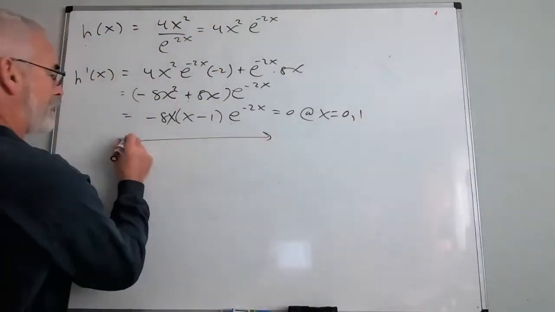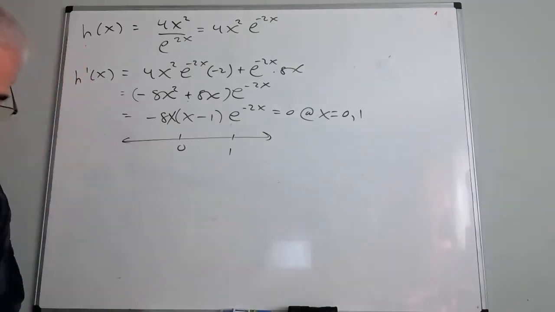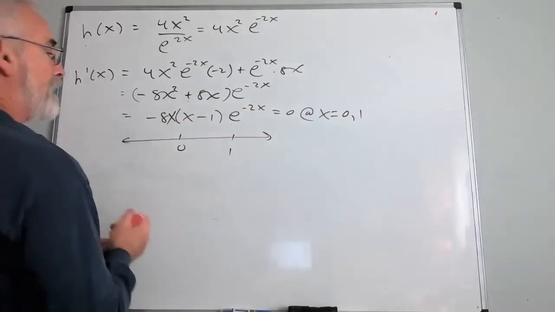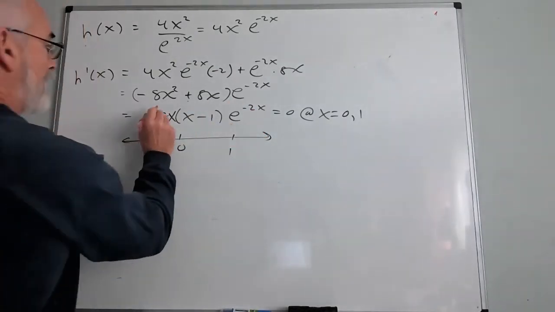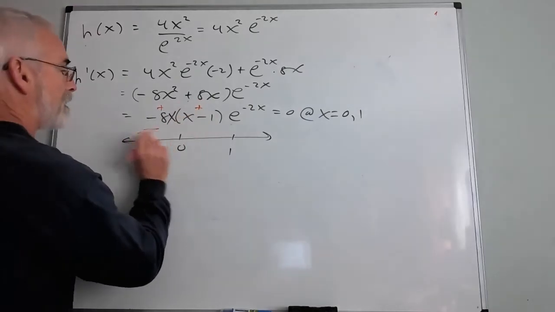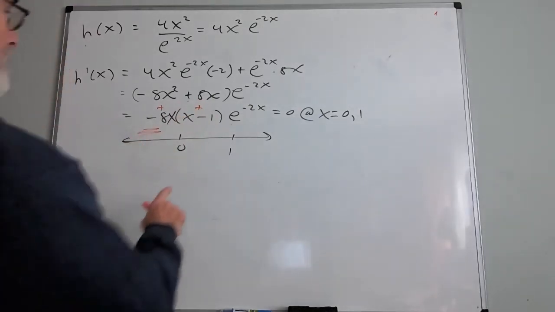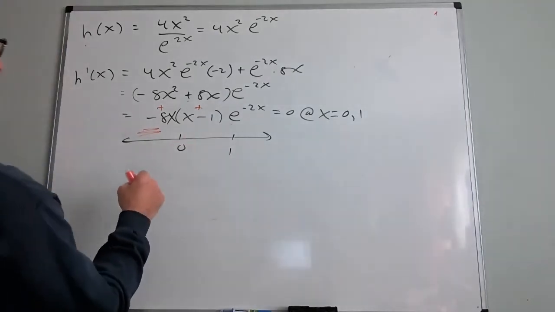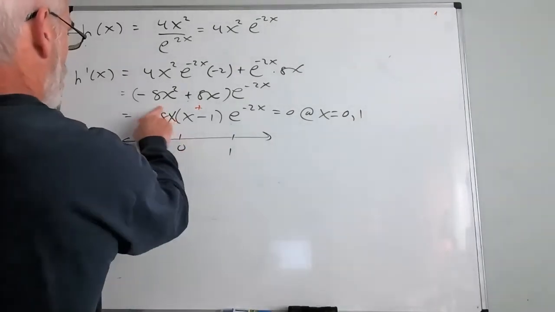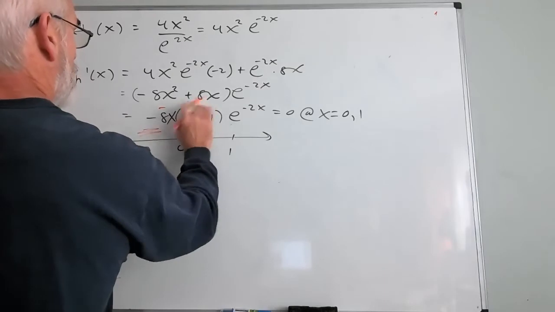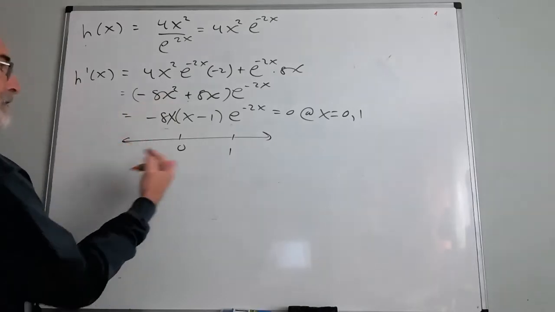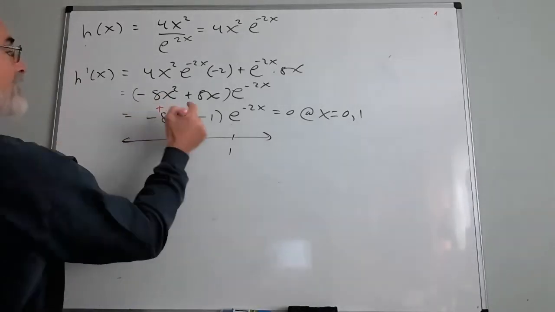If I then make my number line, what's happening here? Well, this is always positive, so I can kind of ignore it. If I'm to the left of 0, negative bazillion, this is positive and this is negative.